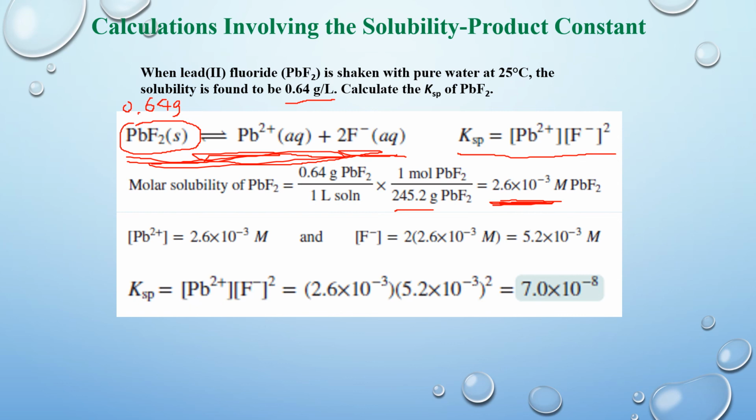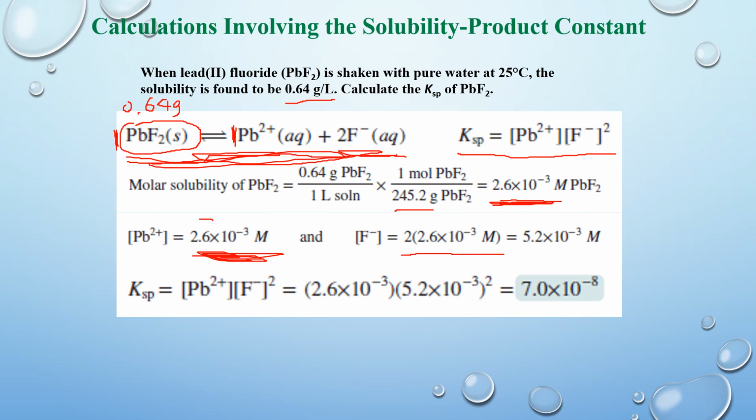So based on the stoichiometry, because it has a coefficient of 1, and the lead also has a coefficient of 1, the amount of lead 2 plus generated is equal to the reactant concentration, which is also 2.6 times 10 to the negative 3. For fluoride, because the coefficient is 2, the concentration is double, so it's 2 times 2.6 times 10 to the negative 3.